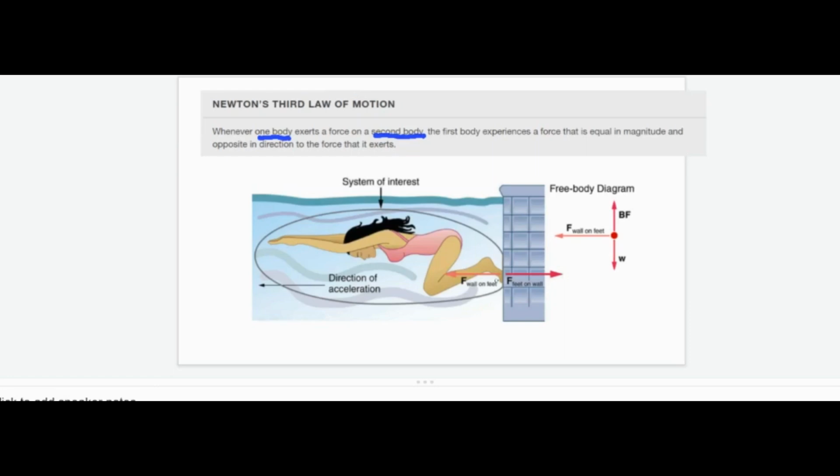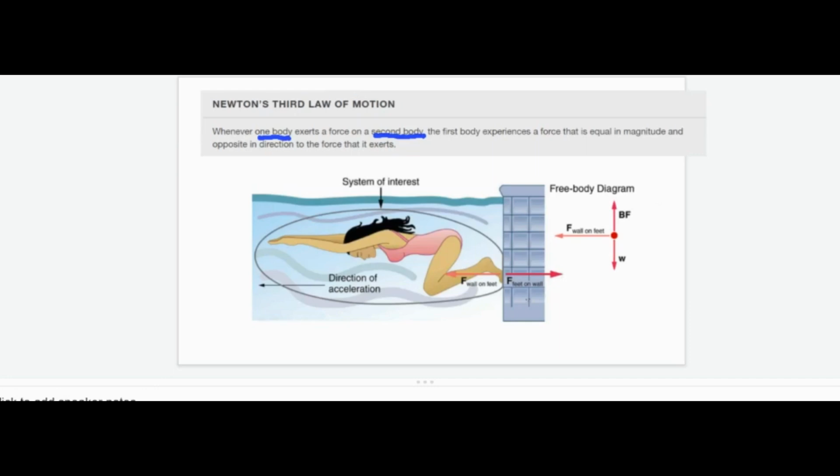So the force exerted by the wall on the feet is towards the left, and the force exerted by the feet on the wall is going to the right. So if I'm the swimmer, I'm kicking the wall to the right, and that propels me to accelerate forward to the left.